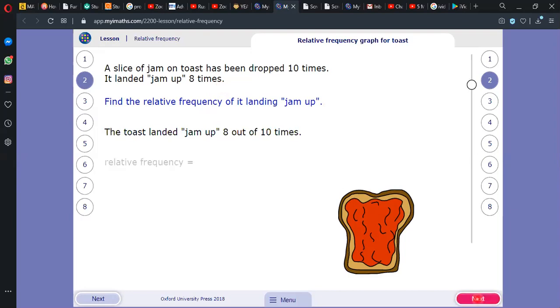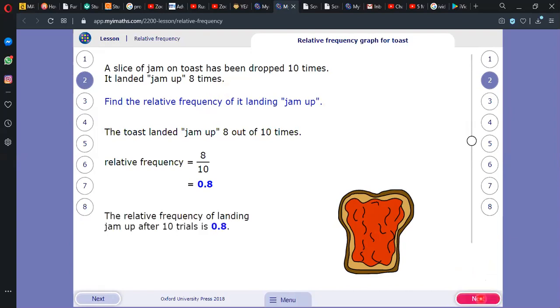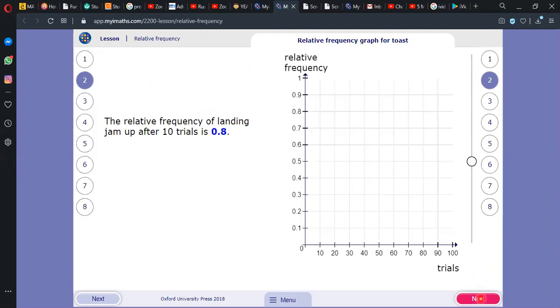So definitely 8 out of 10, relative frequency is 8 over 10. If you are following my explanation, you realize that this is just like the normal probability that we know, but this one has experiments attached to it. So you'll be talking about trials, trials, trials. Now, the relative frequency of landing jam up after 10 trials is 0.8 conclusively.